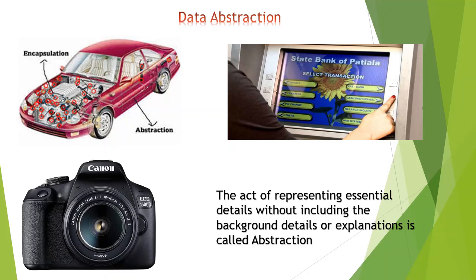And the person who is using the camera need not worry about the background details like what happens internally when the button to click the picture is pressed. What happens? He need not worry about all those details. Those are hidden from him. All the complexity is hidden from him. So only the essential details will be present over there.